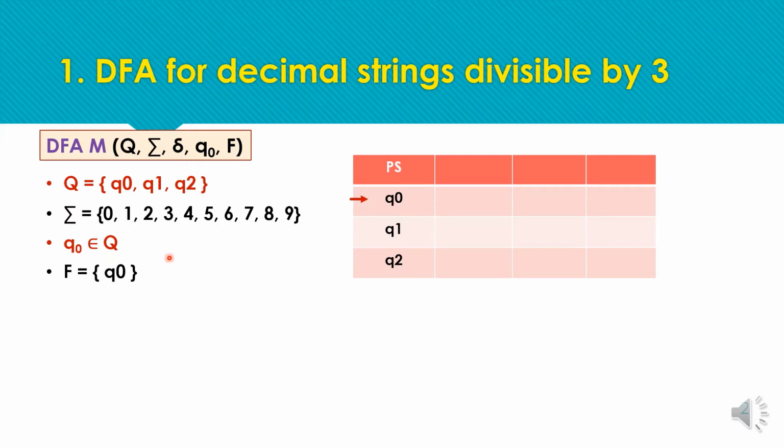So here we have the transition table and the 3 states Q0, Q1, Q2. Out of these 3 states, Q0 is the initial state as well as the final state.